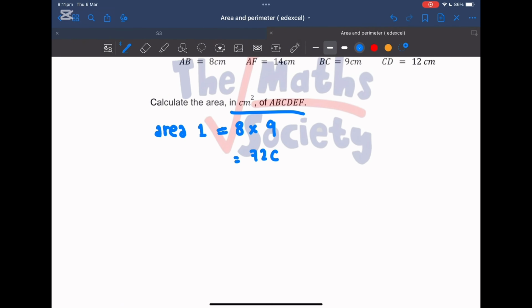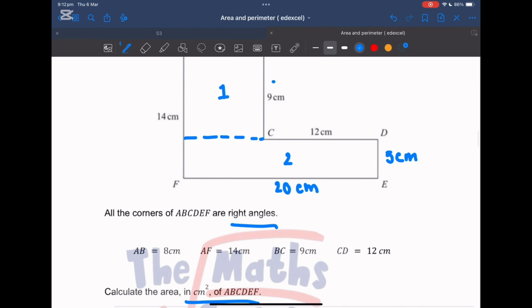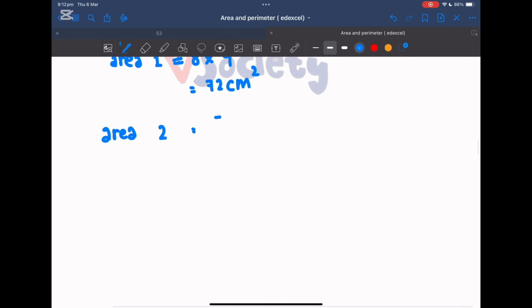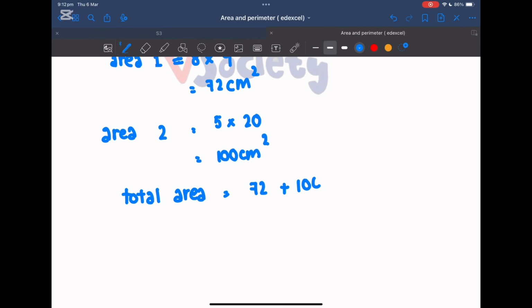And you have area 2, which is 5 multiplied by 20, which will give you 100 cm square. So the total area would be 72 plus 100, 172 cm square, and that should be your area. And then we'll move on to question number 4.